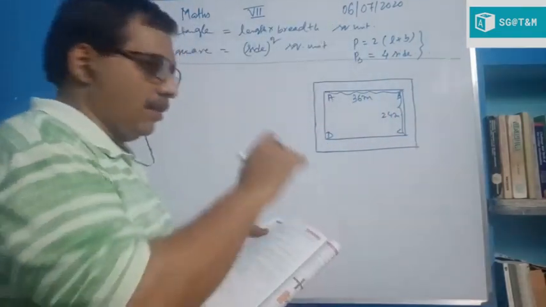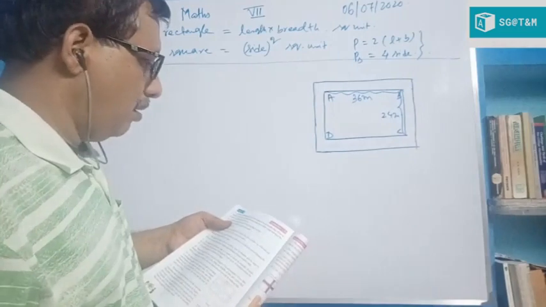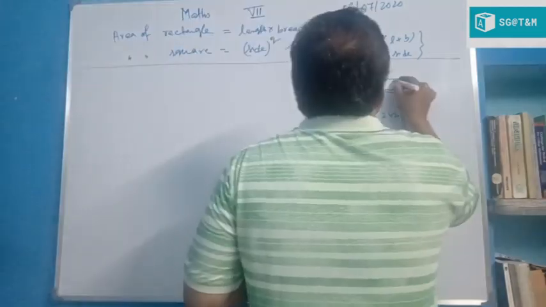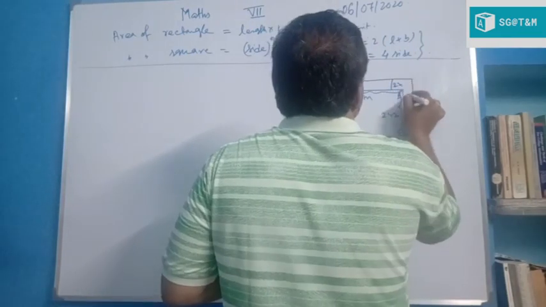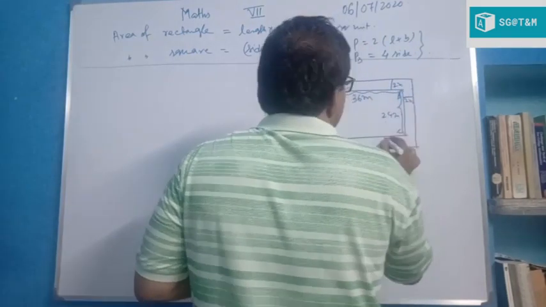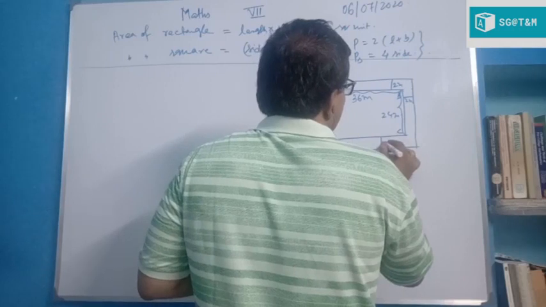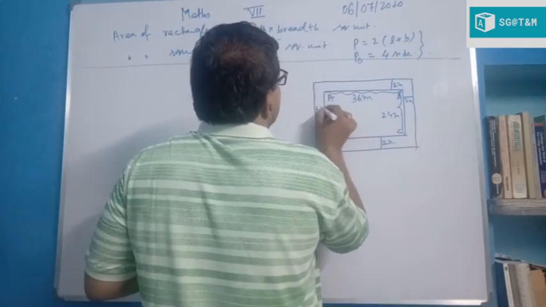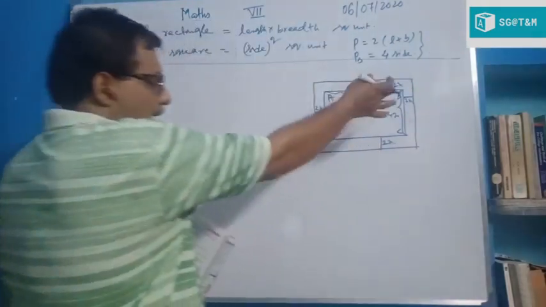And a path all around this, in white. Width of the path is 2 meter. So this length is 2 meter, this length is 2 meter, similarly this length is also 2 meter and this is also 2 meter. Clear? This is the rough sketch.